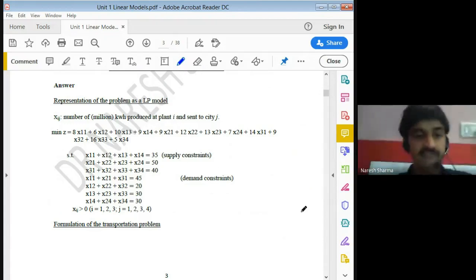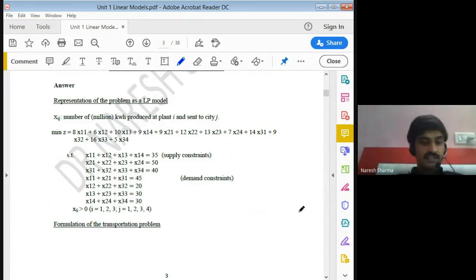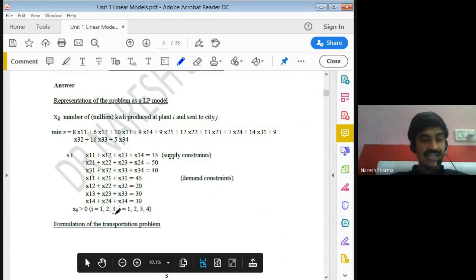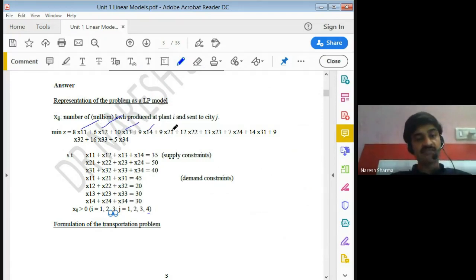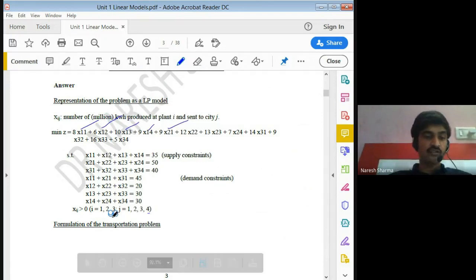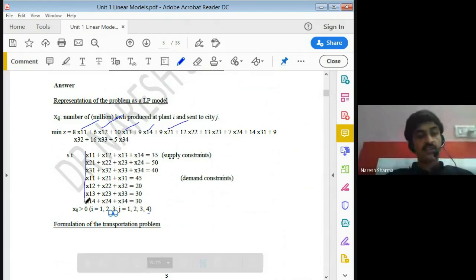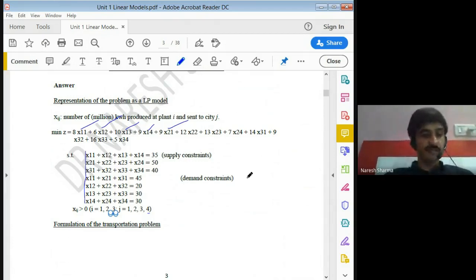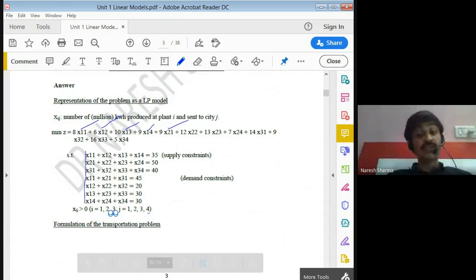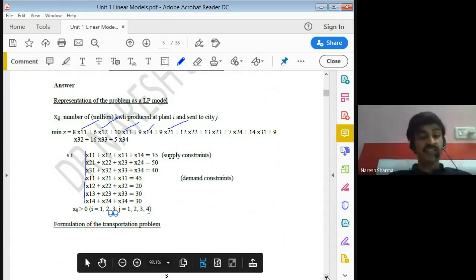The total number of variables is i times j, that is 3 into 4, which is 12. So we have these 12 x's, x11, x12, and so on. You may cross-check by multiplying the number of rows, 3, by the number of columns, 4, which gives 12. We have 7 constraints, so we are able to find 7 variables out of these. Those 7 variables are the basic variables. All the remaining ones we consider 0.